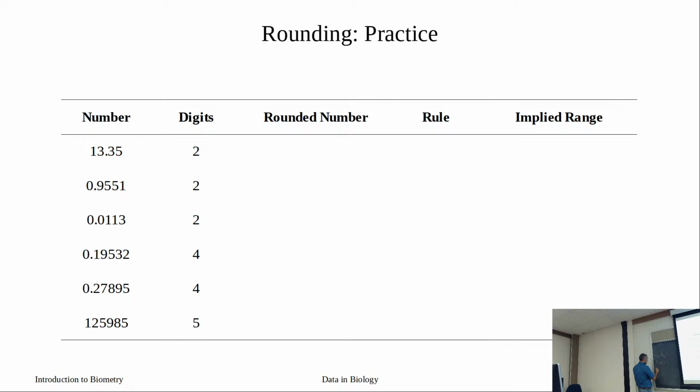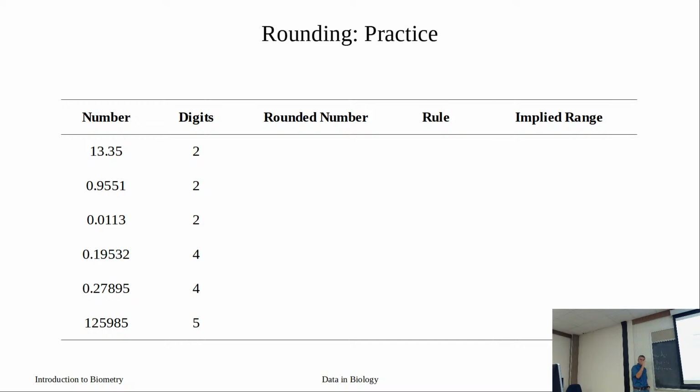All right. Next one, 0.9551. We want to go to 2 digits. I'm going to say we want to round there. What's our number? 0.96. Yep. So we want to round to that digit. We go to the next one. It's a 5. There is something after it.